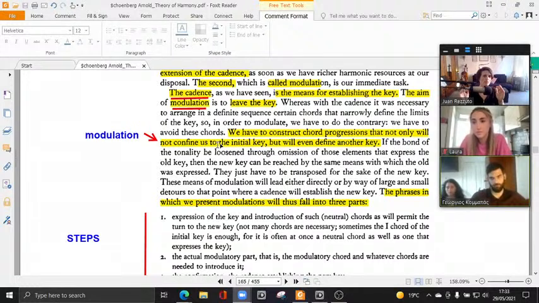This is why I'm insisting so much on this, because it's going to be very important to modulate, to find neutral chords that are in the other keys. Yes, common chords, or neutral, whatever. That's why you have to have that concept very clear.